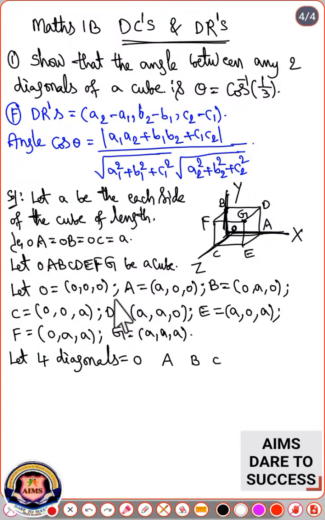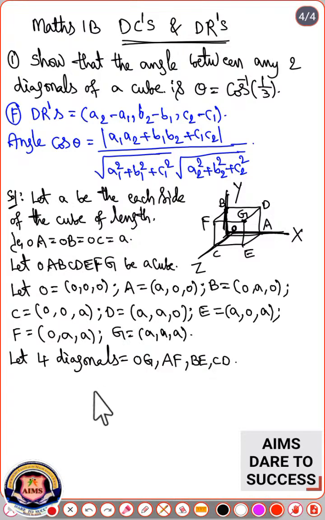Next, take reverse 4 values: D, next E, next F, next G. These are the diagonals. If you have any doubt, you can check it once. OG diagonal, AF diagonal, BE diagonal, CD diagonal.